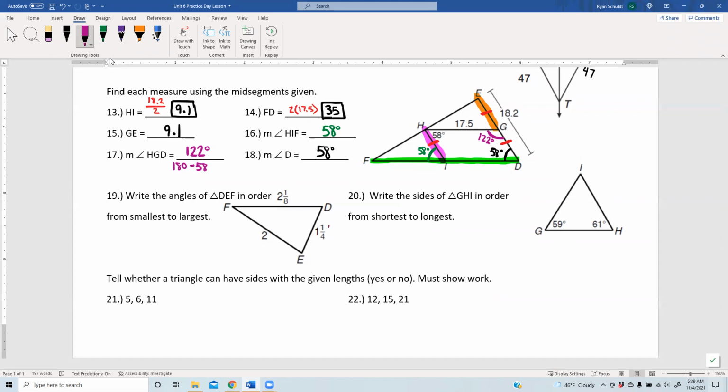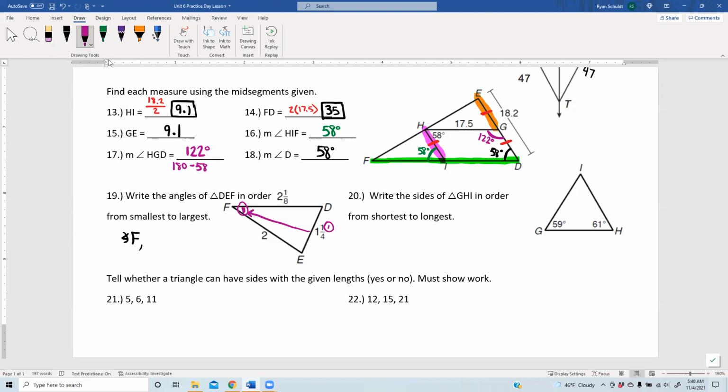The 1 1/4. So then I go across the triangle, and that's going to be my first angle. So angle F has to come first. It's got to be the smallest.